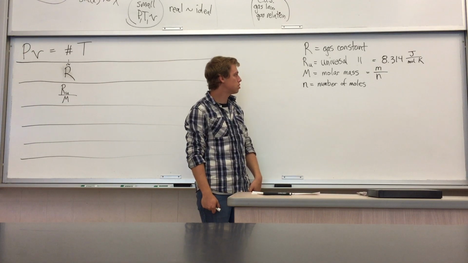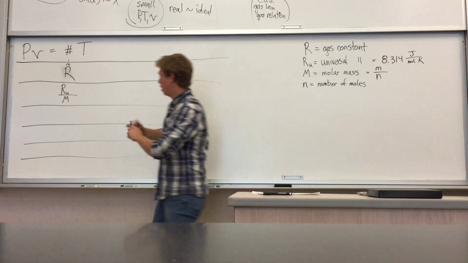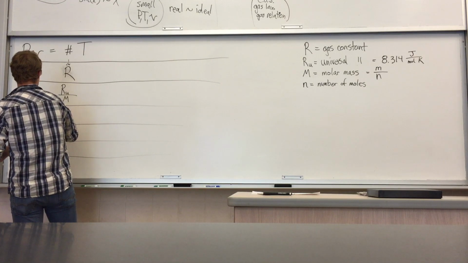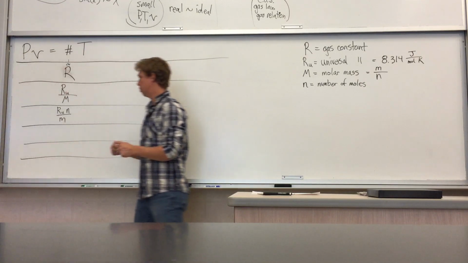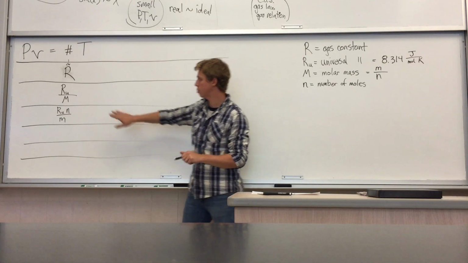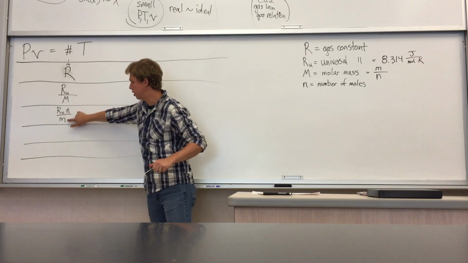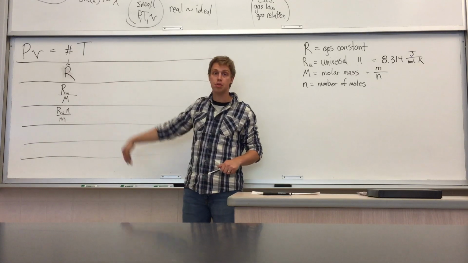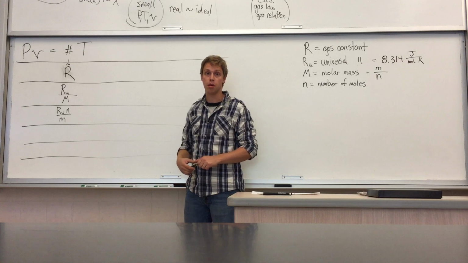So this is another alternative for how to write this, R_U n over m. I've replaced this m on the bottom with this, and then the n flipped up. Again, these all mean the same thing. There are different ways of writing that same number.